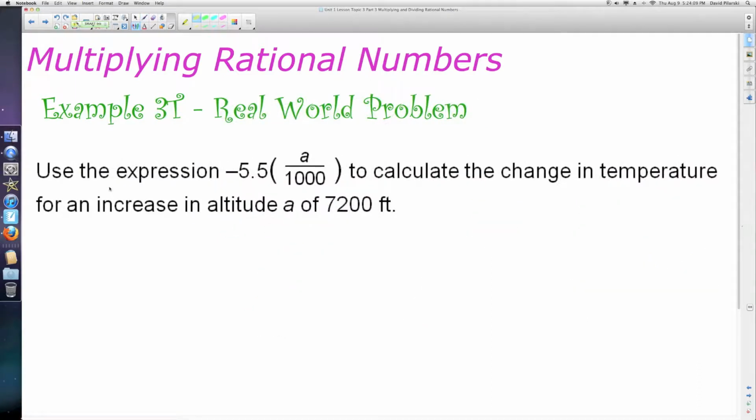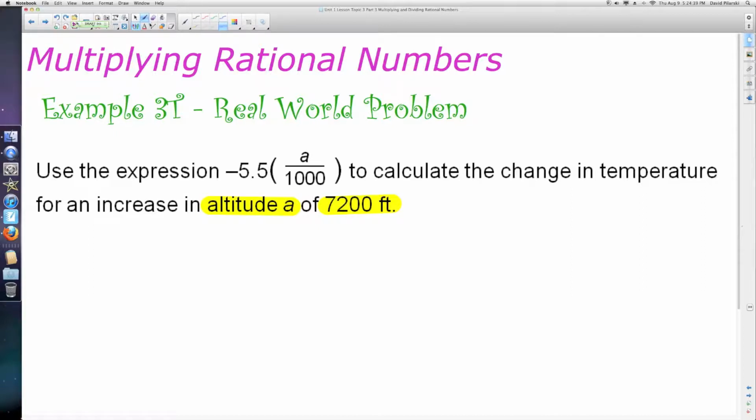Example 3t is going to require us to multiply rational numbers. Use the expression -5.5 times a over 1,000 to calculate the change in temperature for an increase in altitude of 7,200 feet. In this problem, it tells us that the altitude is represented by the variable a, and that 7,200 is an increase in altitude of 7,200 feet.